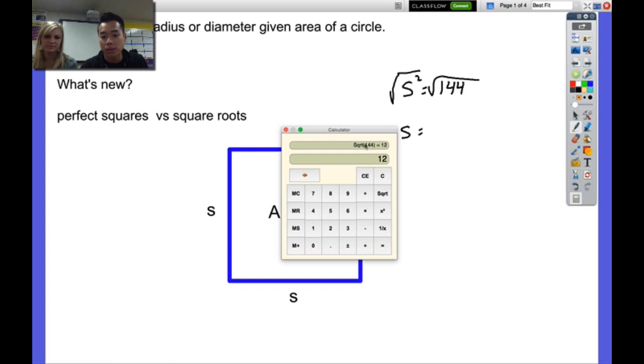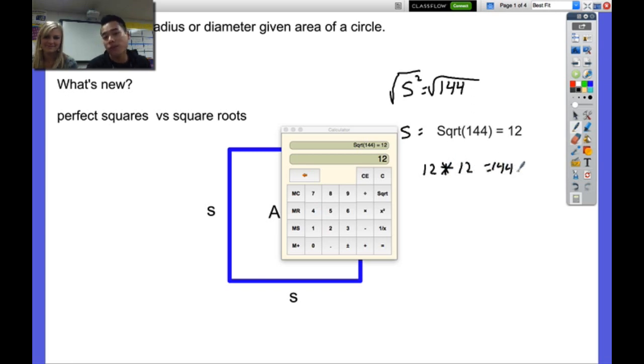Here's my square root function. The square root of 144 is 12. That's because 12 times 12 is 144.